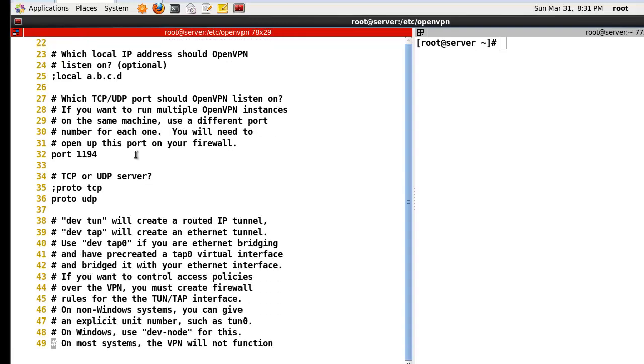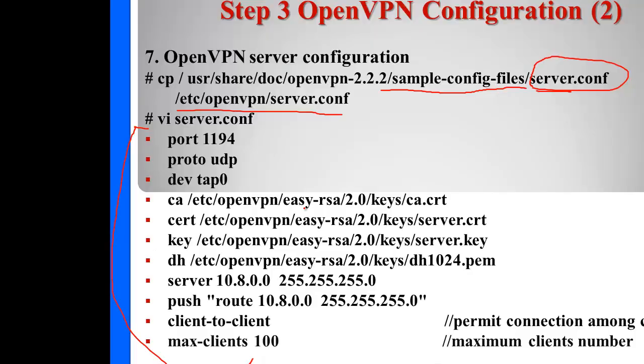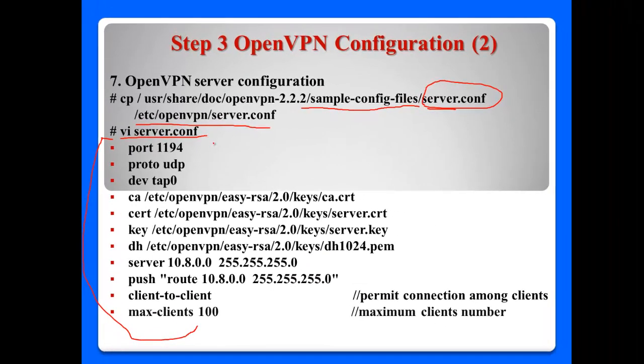Server's configuration. So in the server's configuration, this one, server.conf. First one, the port number, this one will use this one, and the protocol will be the OpenVPN normally uses UDP, and the device will be tun0. And this line is very important.